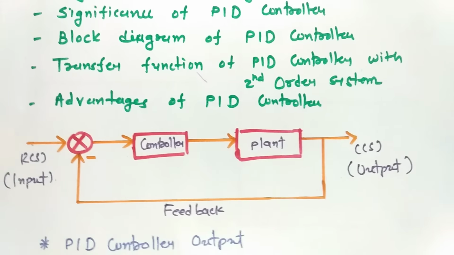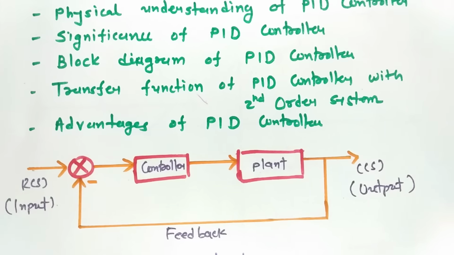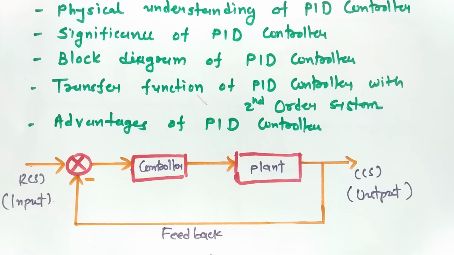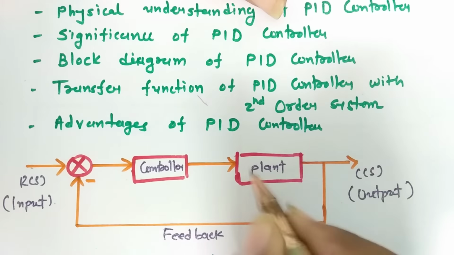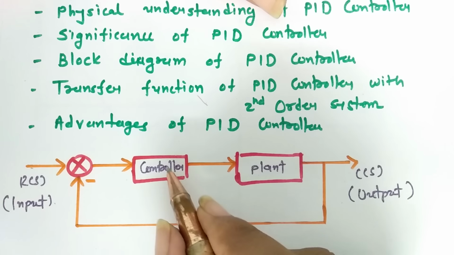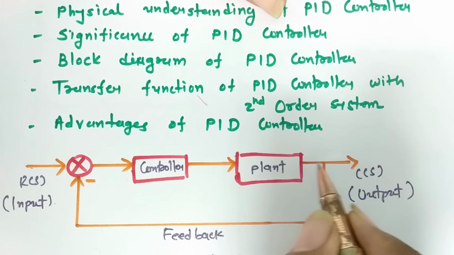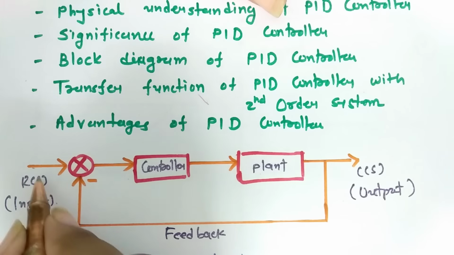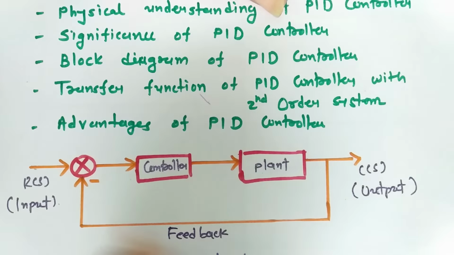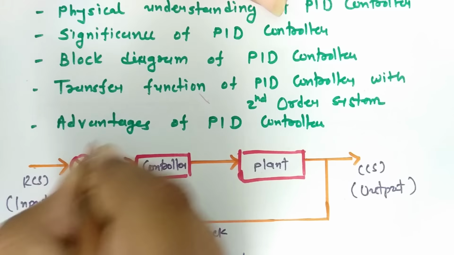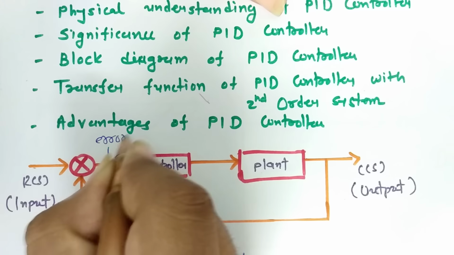So when we talk about a basic closed loop system in control systems, this is the basic block diagram, where the plant is given a controlled output by the controller, and the output of the plant is given in feedback. So the input to the controller will be the difference between input and output, and that is also referred to as the error signal.